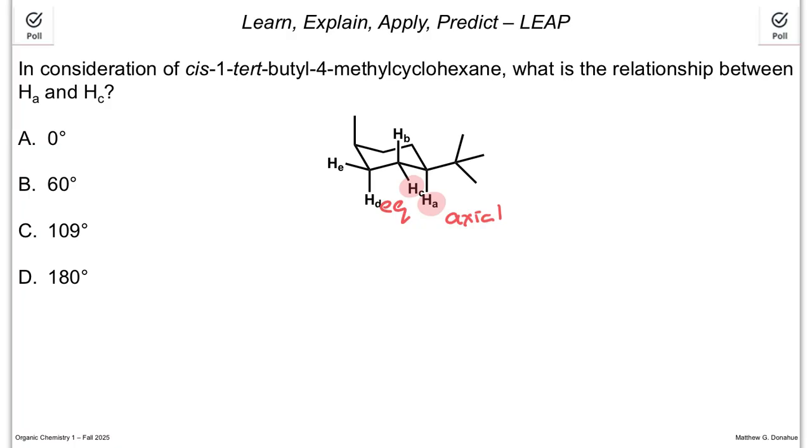So what would their angle have to be? So it would have to be 60. So again, it's gauche, or GAU, however you spell it. So things that are trans-diaxial are always going to be anti or 180.